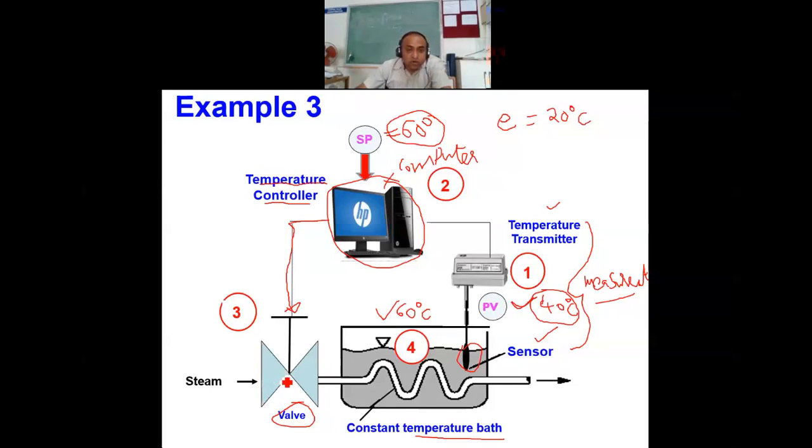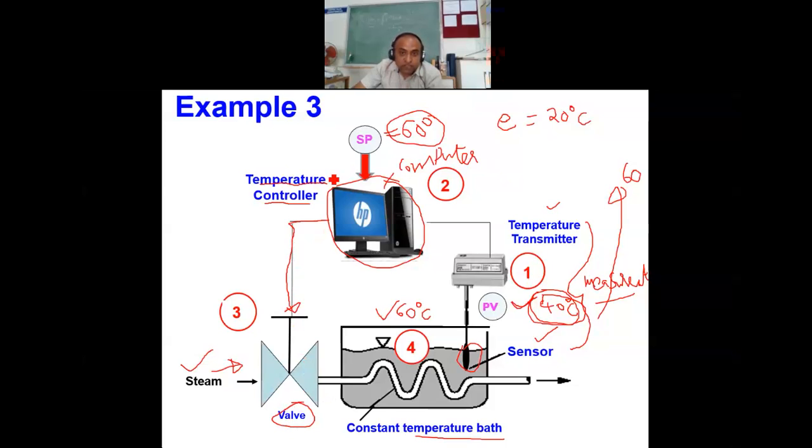It tells the valve, you please allow more of the steam. Open the valve in such a way that you allow more steam, so that your PV, which was showing 40, now has to increase to 60. That gives the instruction to the valve.